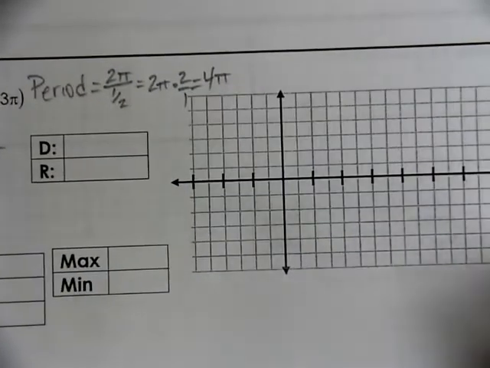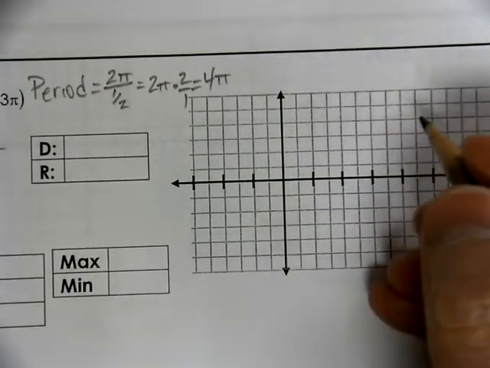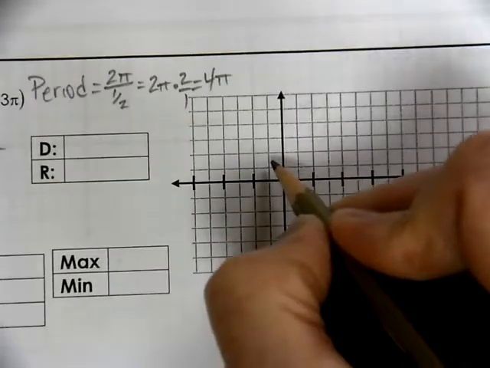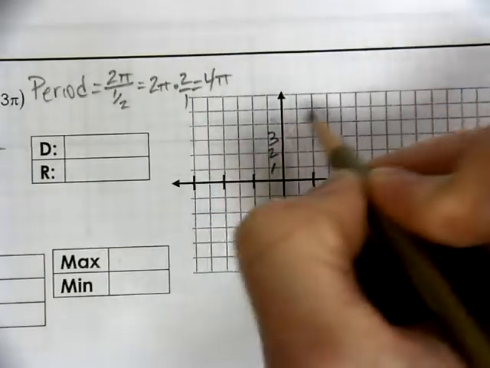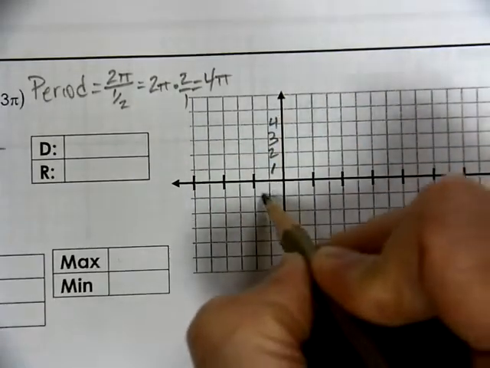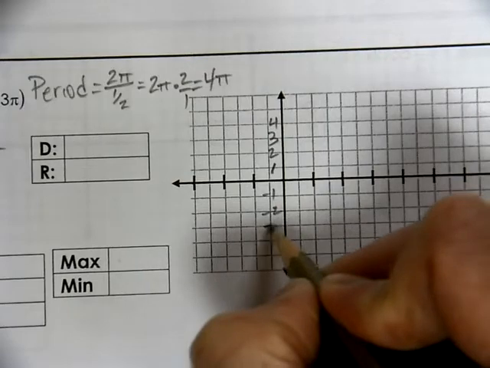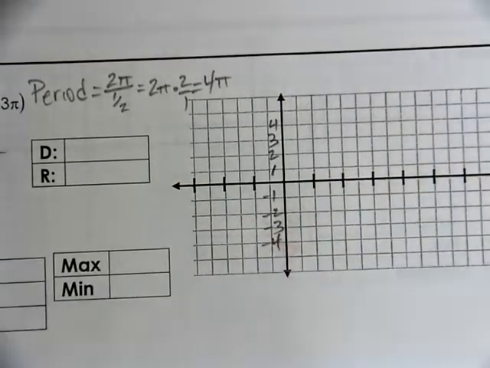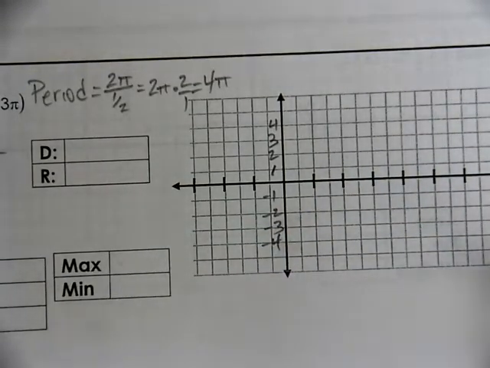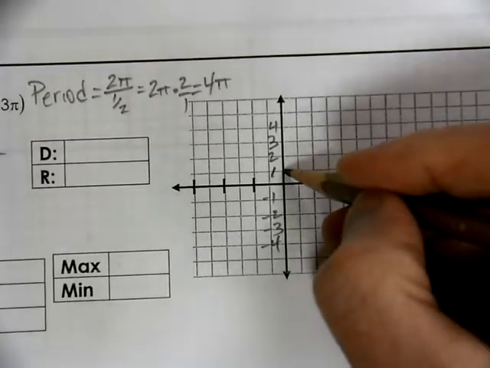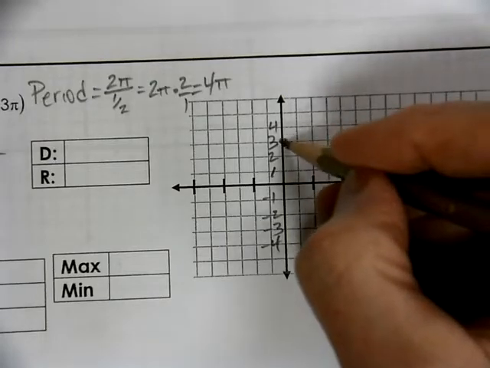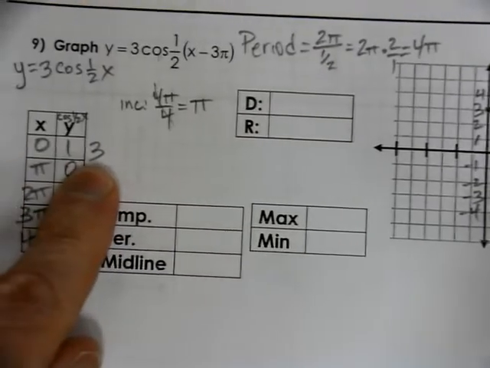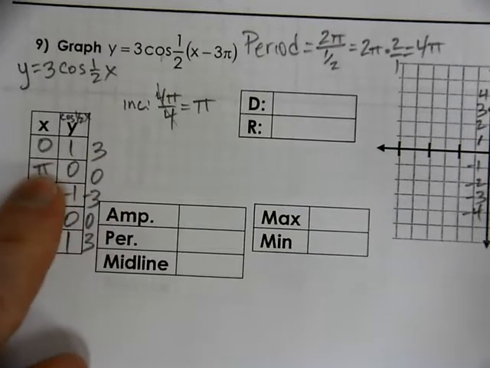So we're going to come over here. We'll write our scale. We know that cosine starts up high, starts at 1, but we're going to multiply it by 3. So we'll be up here. We're just using the table. At 0, we're at 3.